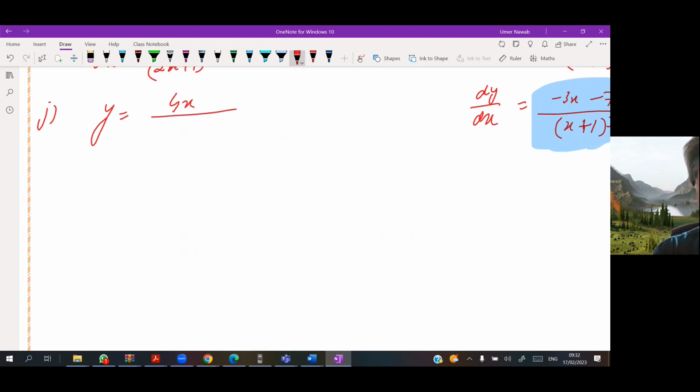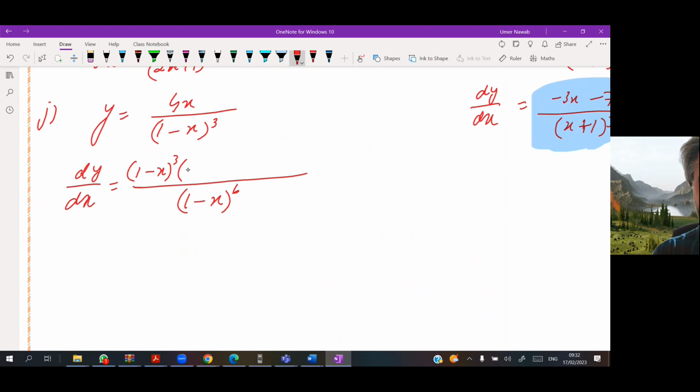4x over 1 minus x whole power 3. Square of the 3, and 3 times 2 is 6. The derivative of 4x is 4. Chain rule.